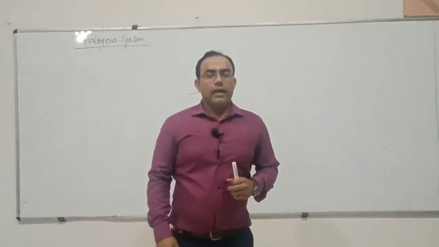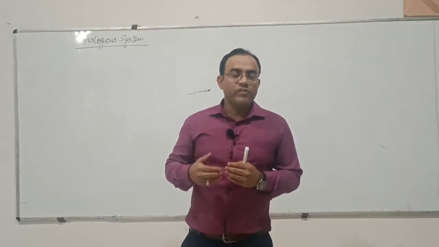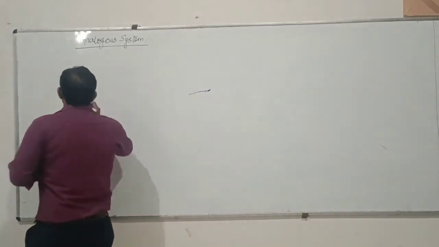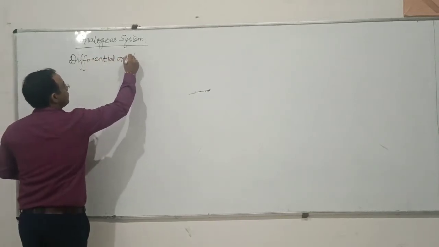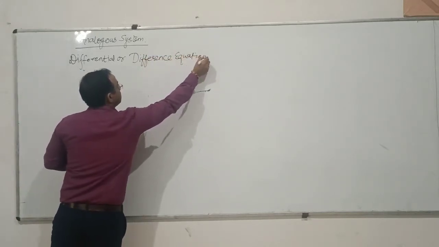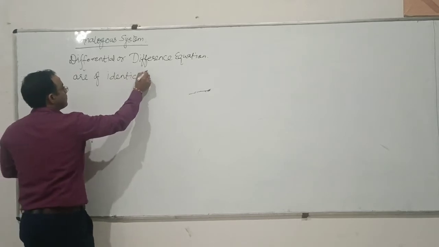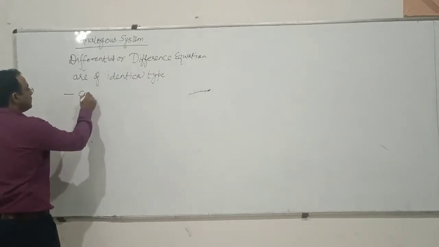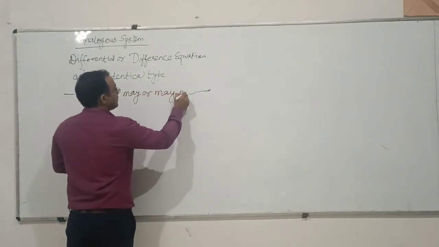Analogous systems are two or more systems which are governed by the same equation, or we can say that their differential or difference equations are of identical type, and it must be noted that the constants may or may not be identical.